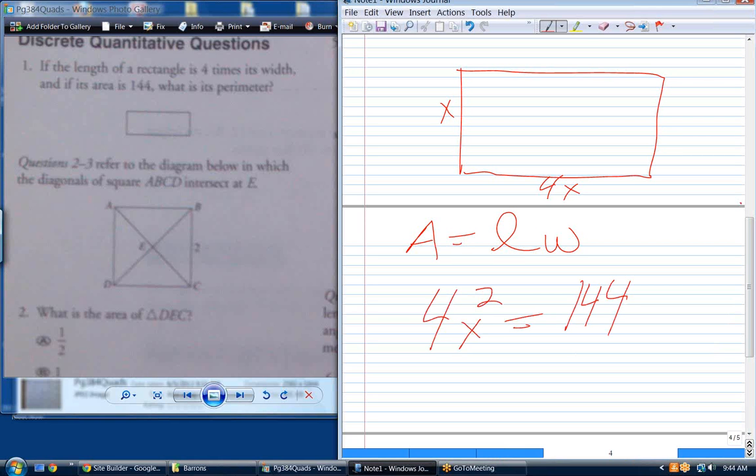So x would be 6. So this is 6 and this is 24. So what's its perimeter? It would be 60.